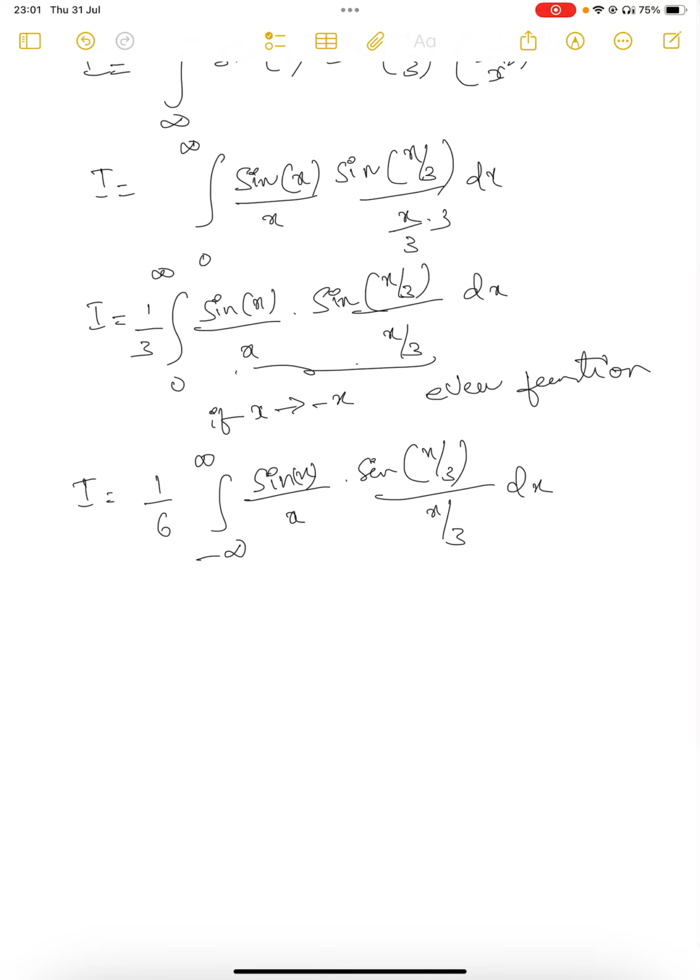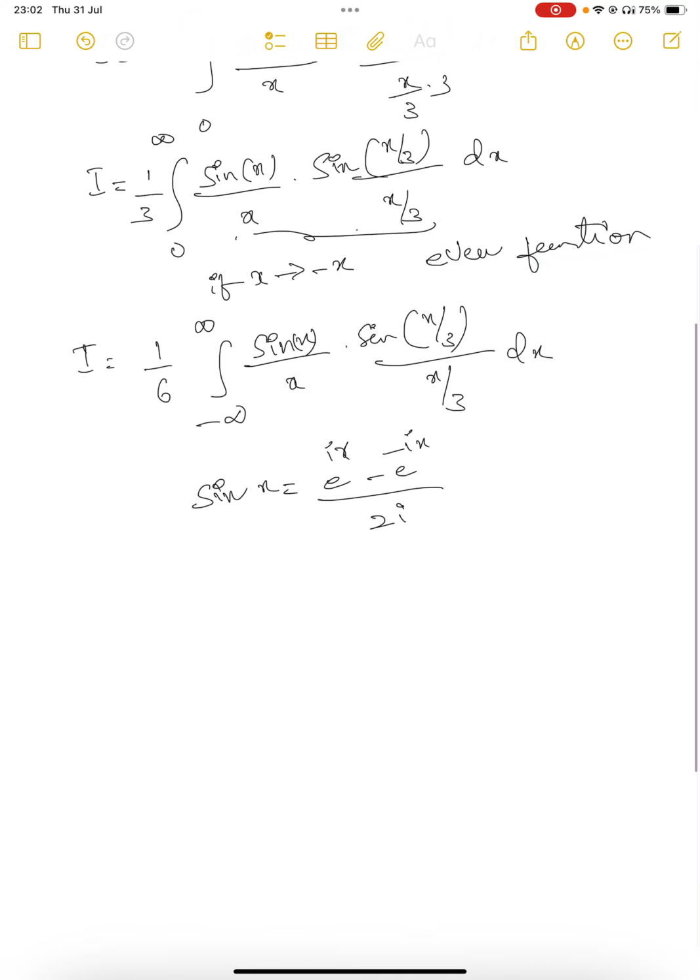Let's remember a formula of sine x, which is e power ix minus e power minus ix by 2i, right? So this can be written like this.